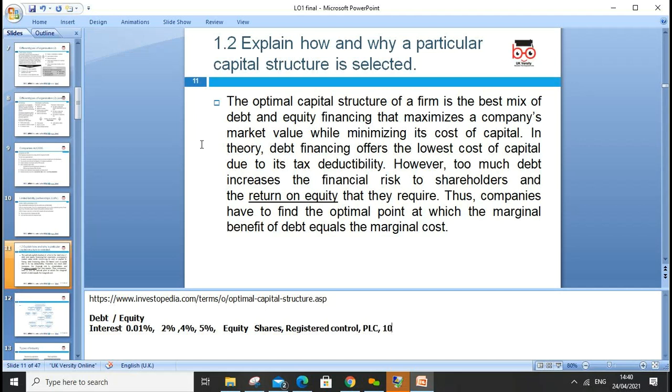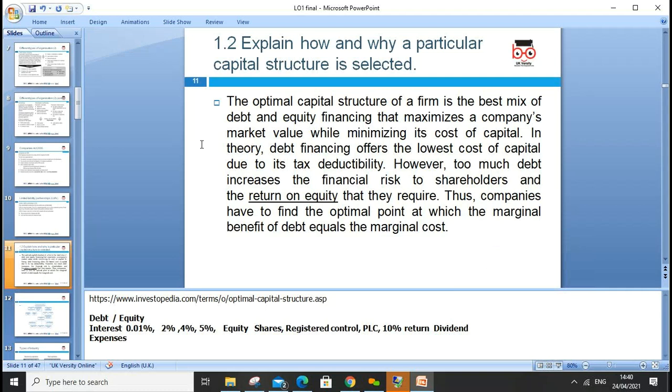Shareholders expect at least a 10+% return. Of course, if we don't pay in one year, it's fine. But if we don't always pay dividends, what will happen? They withdraw the funds and they can invest in another company. So equity financing is more expensive than debt financing. We can also look at the tax implications. When we look at tax, debt interest is always an expense.